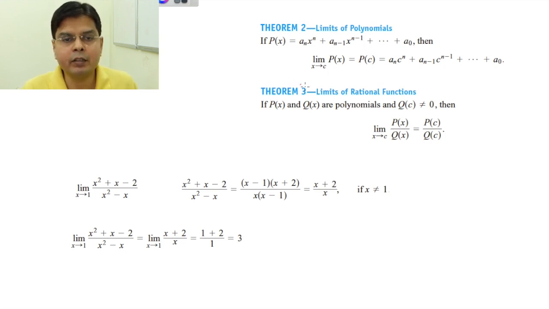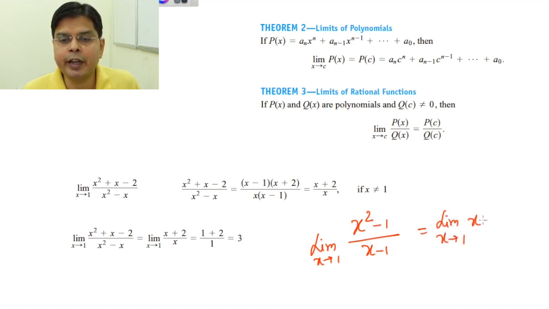In fact, in the last example also you would have seen when I had to find the limit of x square minus 1 by x minus 1 as x tends to 1, ultimately by using factorization and simplification, I changed this to the limit as x tends to 1 of x plus 1. Now this is a simple polynomial.